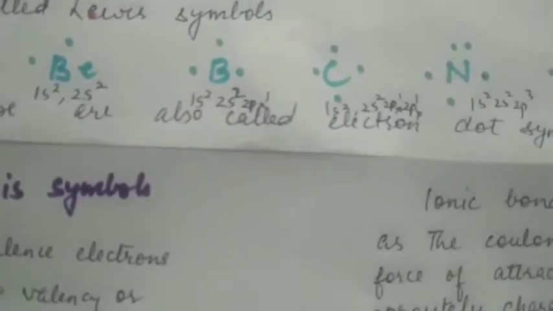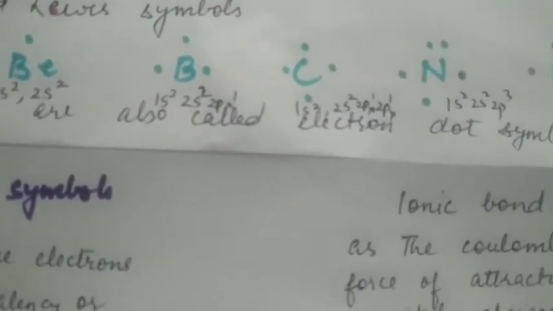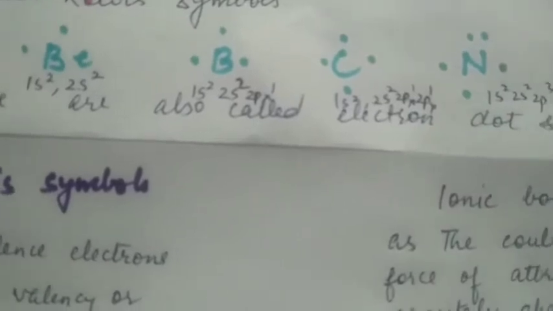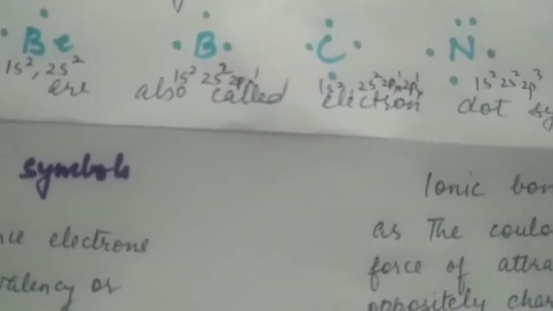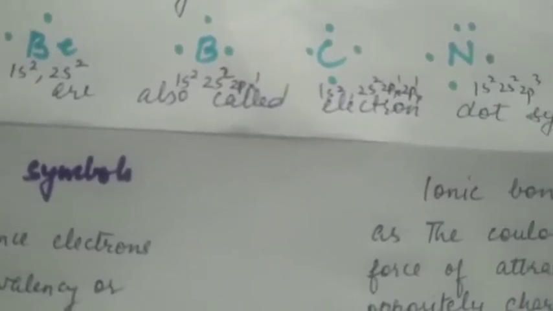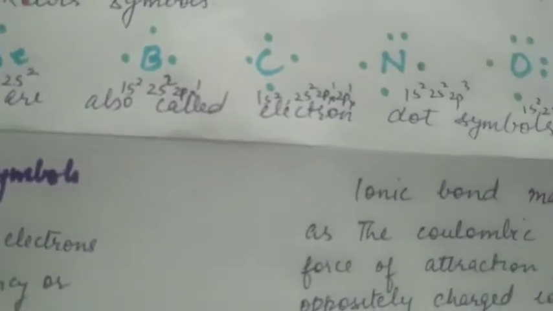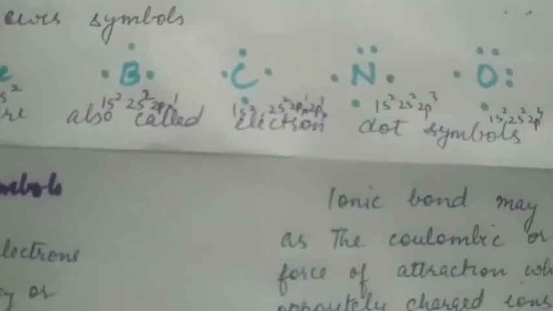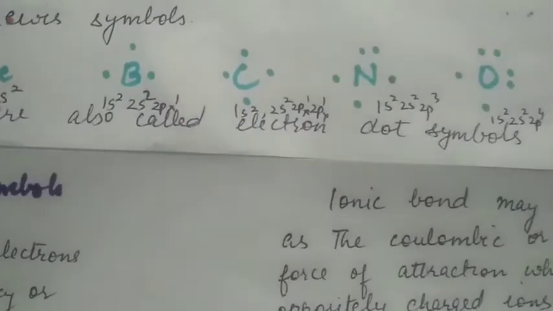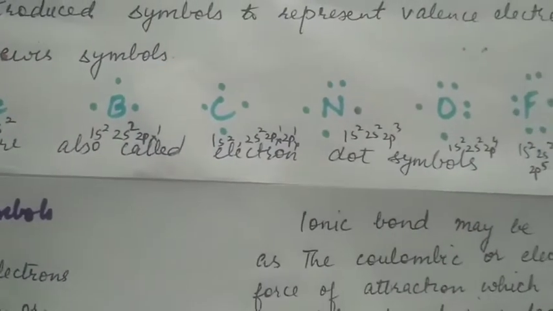Similarly, for boron, we write B and 3 dots because the outermost shell contains 3 electrons, 2 in 2s and 1 in 2p. Carbon has 4 electrons in its valence shell, so 4 dots are shown.